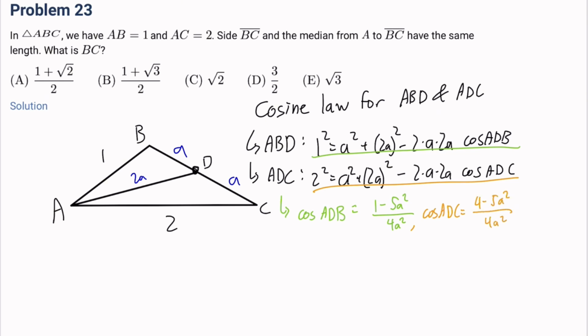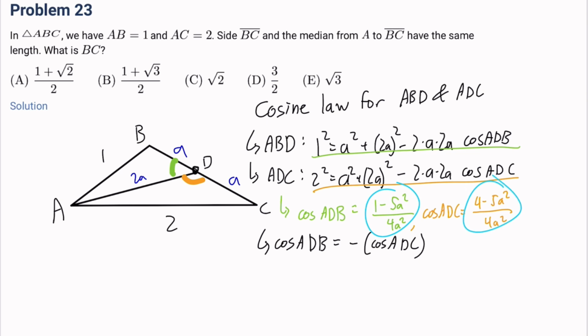These are the cosine values for this angle and this angle. Since they sum to 180 degrees, cosine ADB should be equal to negative cosine ADC.